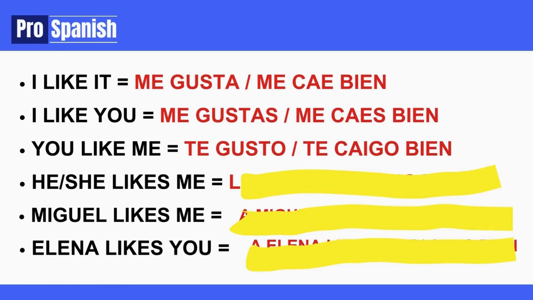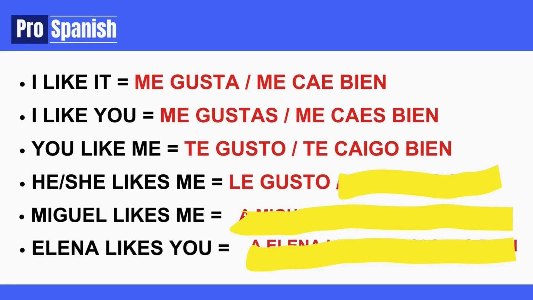He or she likes me. Le gusto. Because I'm pleasing. Who am I pleasing to? Him or her. So, le, him or her, le gusto. And that would be pleasing.